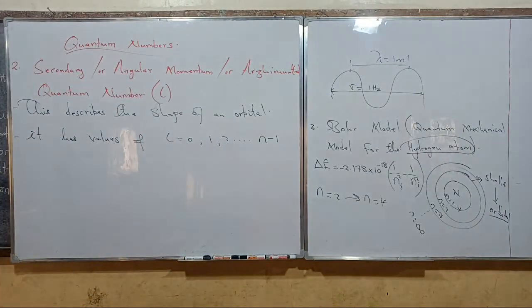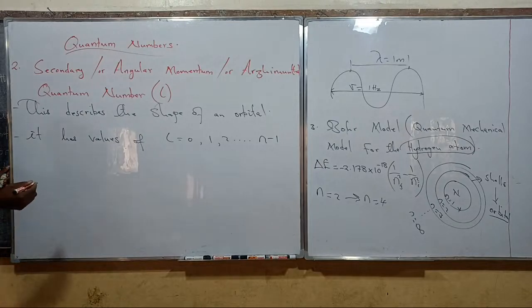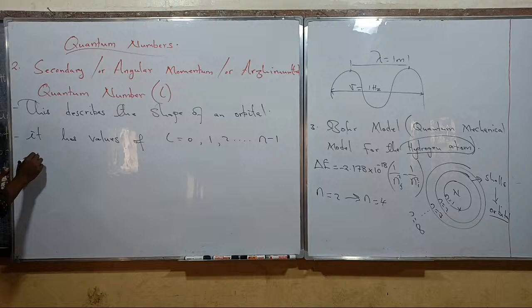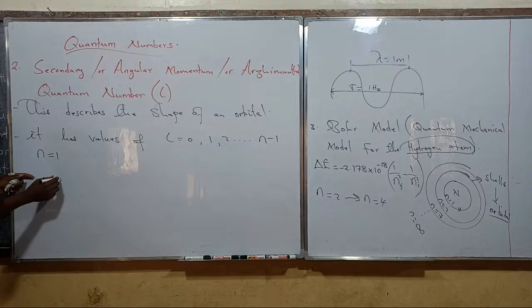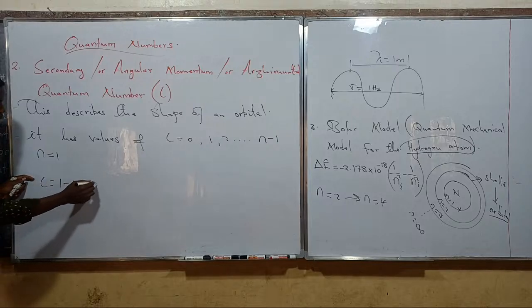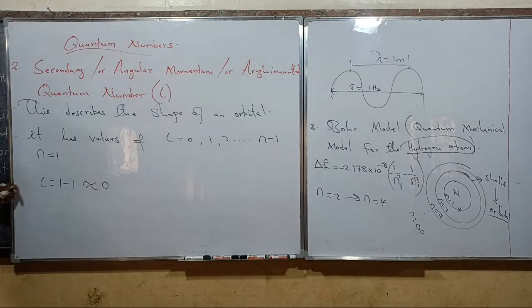So what do they mean by n minus 1? If the principal quantum number, which is the first quantum number, is equal to 1, the value of L will be 1 minus 1, which is just 0.